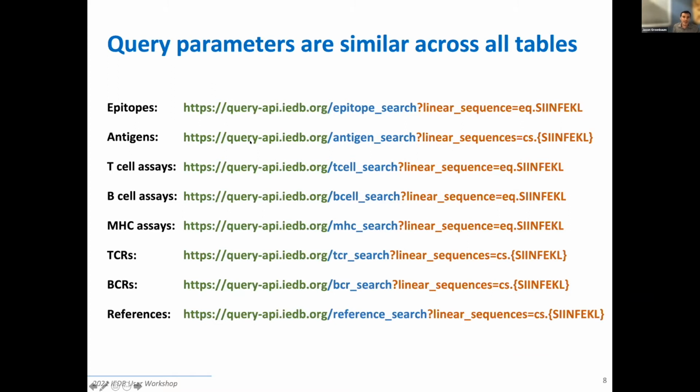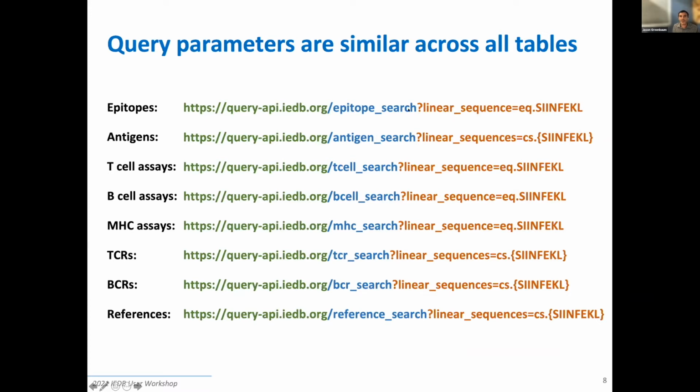So one other neat thing about our system and the design of the tables is that the system has been designed such that the query parameters are really similar across all of the tables. So when you want to pull out related information from, say, the antigen table to the epitope table, you don't really have to change your query all that much.